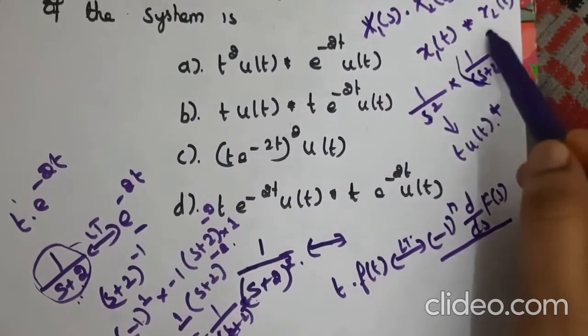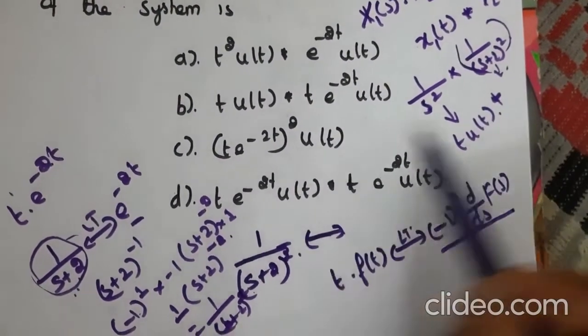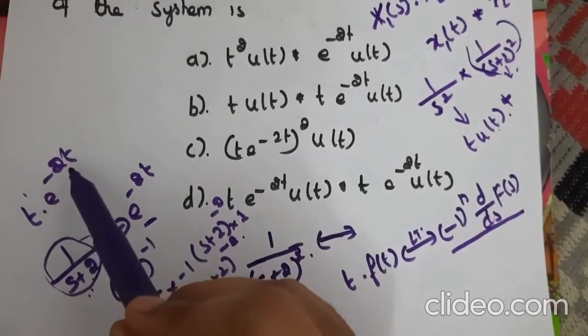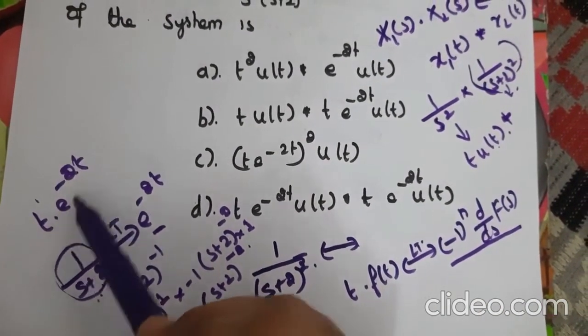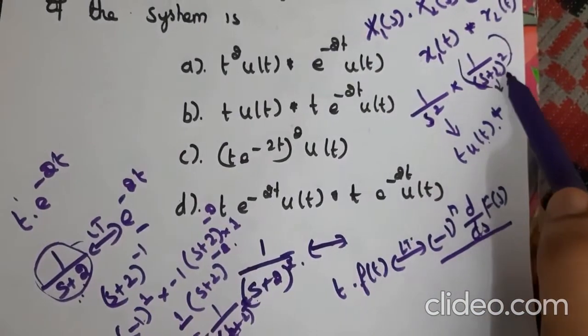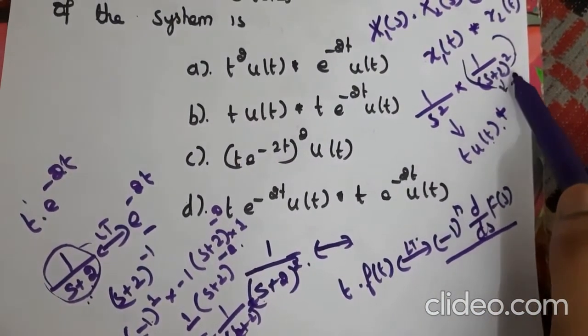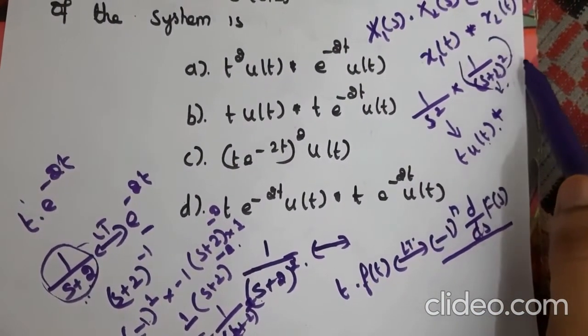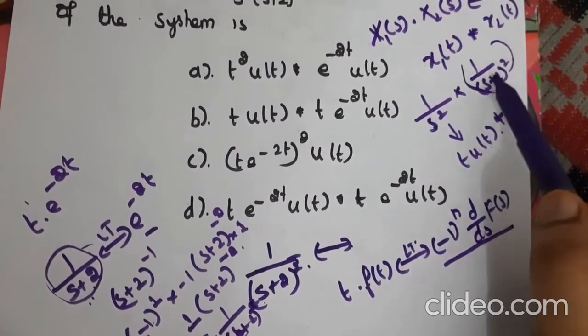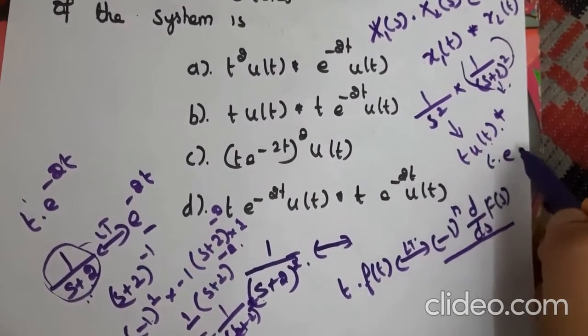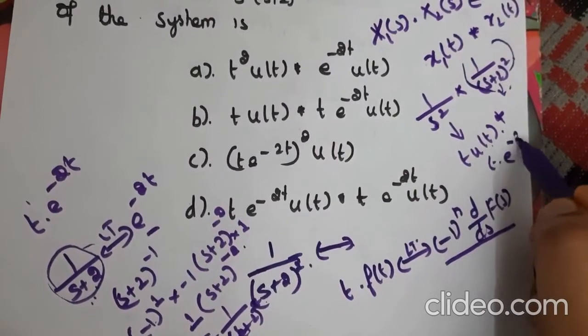So the inverse Laplace transform of this is t into e power minus 2t. First we consider 1 divided by s plus 2, that means e power minus 2t. If you are having the square, we just put t into e power minus 2t.